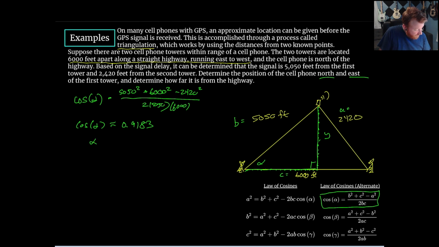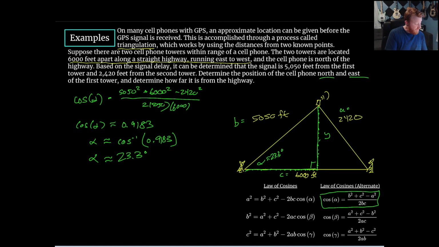Now if I take a cosine inverse, we're going to get that alpha is equal to cosine inverse of 0.9183. And we don't need to worry about an ambiguous case here because cosine inverse will always give us an angle between 0 and 180. We're getting that alpha is about 23.3 degrees.